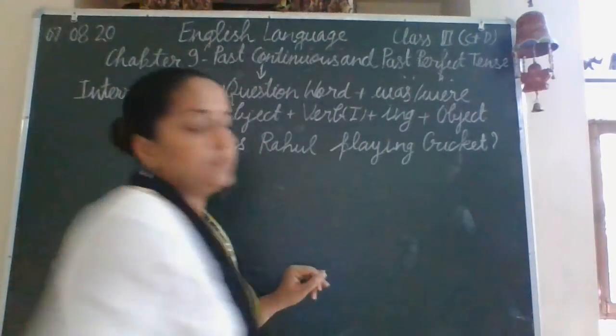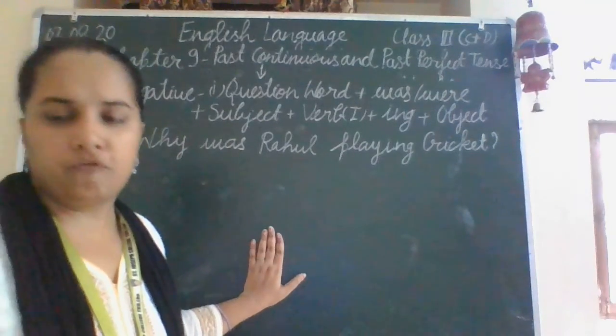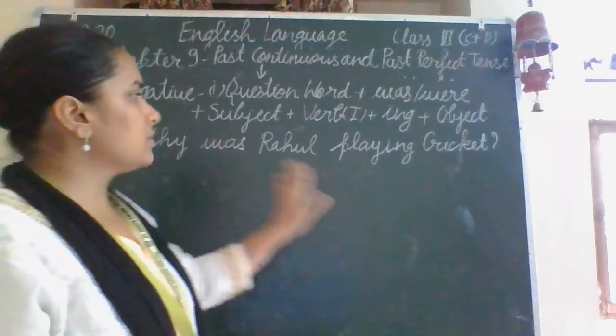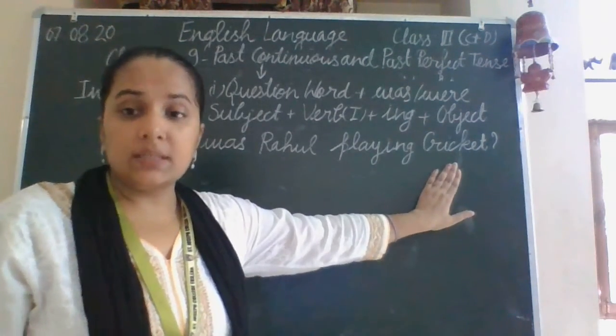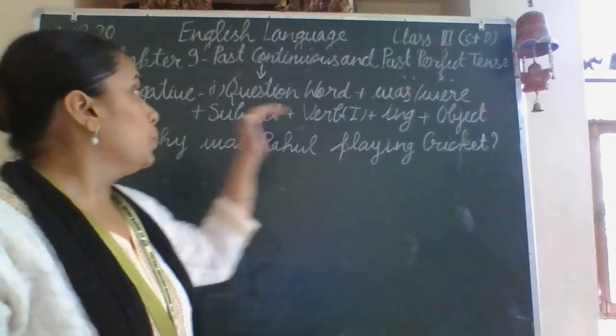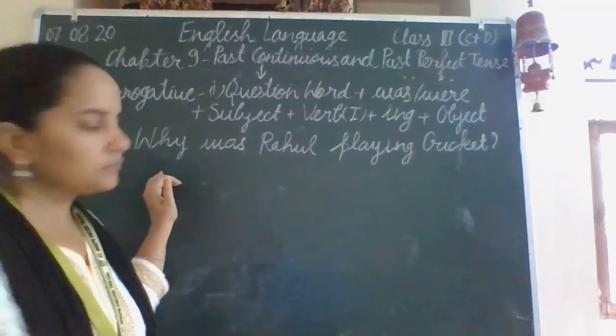And the question mark. Always remember to put the question mark at the end of an interrogative sentence. So, why was Rahul playing cricket? This is the interrogative sentence of the past continuous tense which starts with the question word.